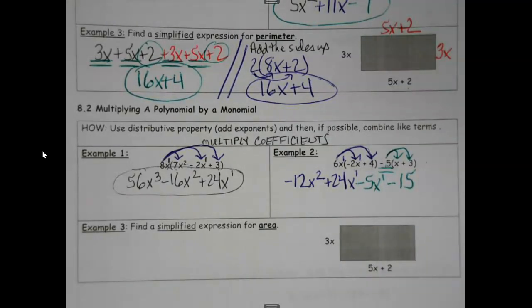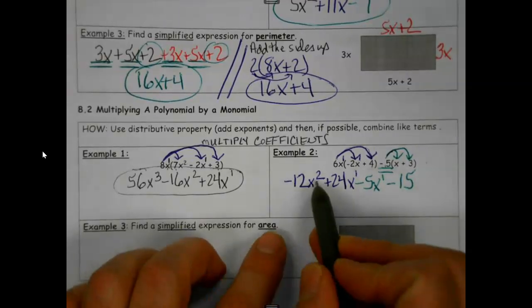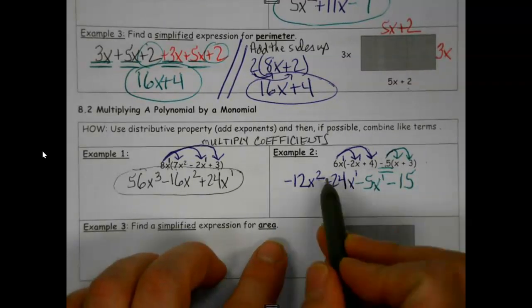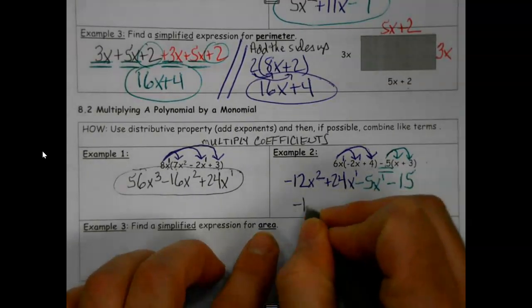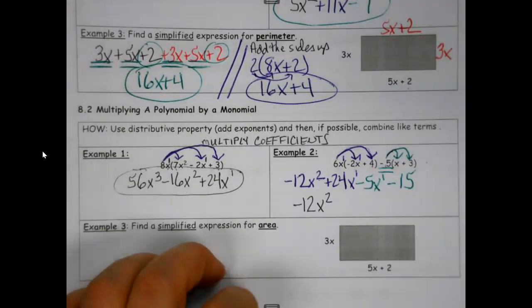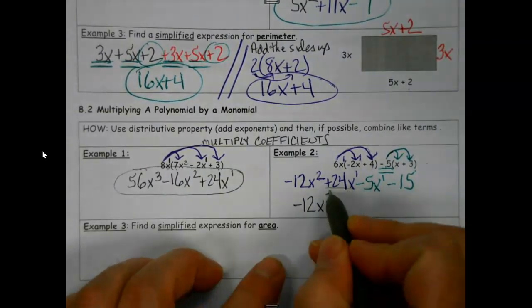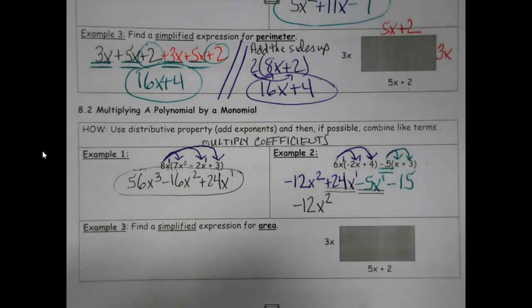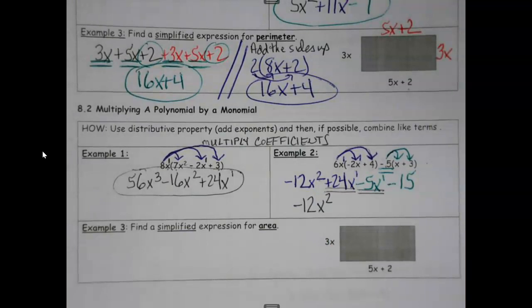Now this time, though, I start to look through and I see this has an x to the second. I don't see any other x to the second. So that one I'm just going to copy down. But when I get to my x to the first, I see that I have two of them. I have 24x to the first, and I have negative 5x to the first.